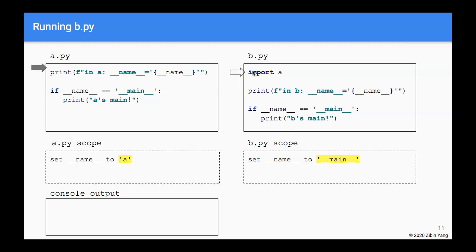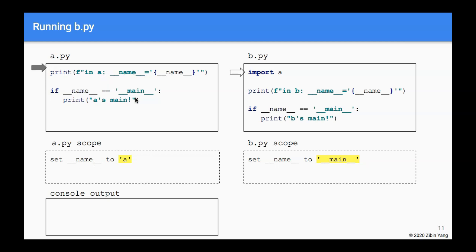The control is transferred to the script a.py. But before it executes a single line in a.py, it has to set the system attribute dunder name.